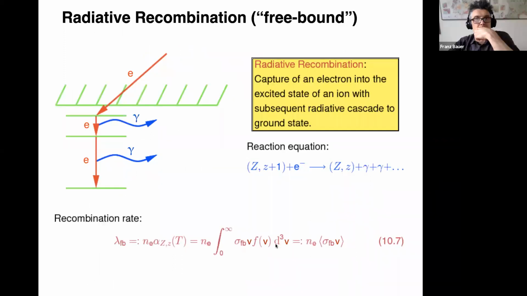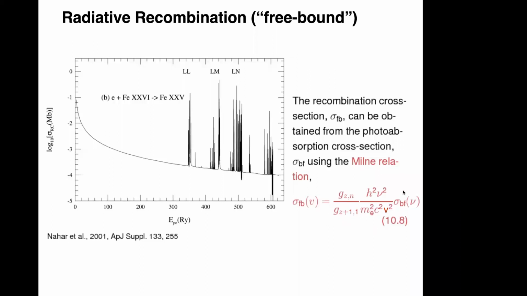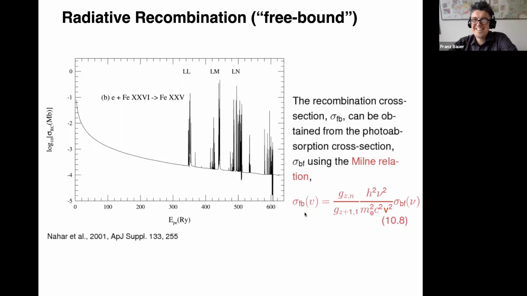Let's see, so our recombination rate here, this guy, yeah, this goes as energy to the -2, but then we have the bound-free, and that goes as energy to the -3, right? So -3, -2, -5. Okay, thank you. The trick is bound-free and free-bound. That's the trick.